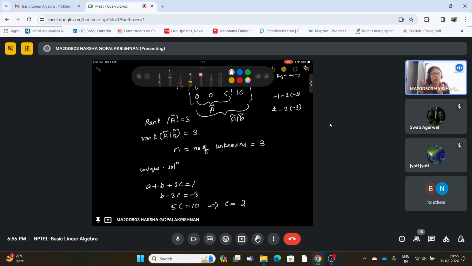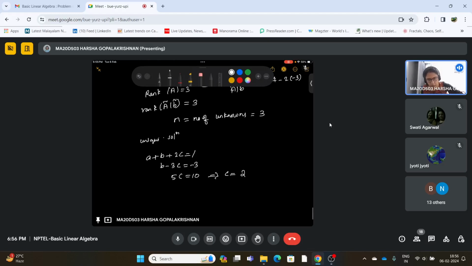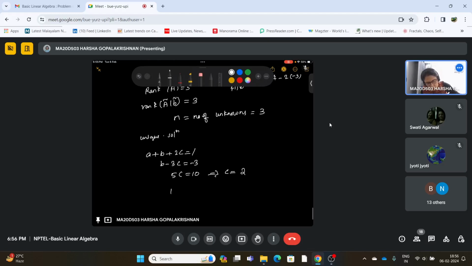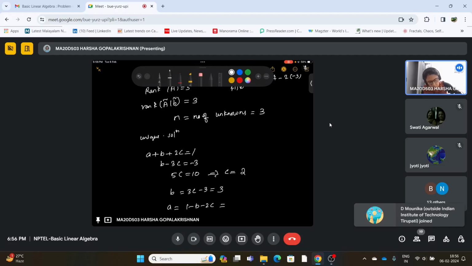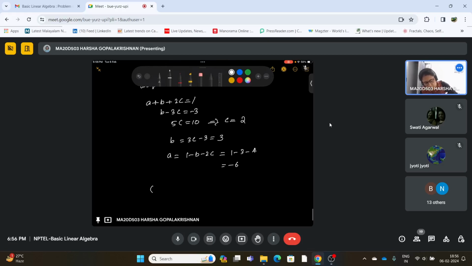Then we back substitute. C equals 2 means B equals 3C minus 3, so it is 3, and A equals 1 minus B minus 2C, which is 1 minus 3 minus 4, so minus 6. So we obtain the values A, B, C as minus 6, 3, 2.